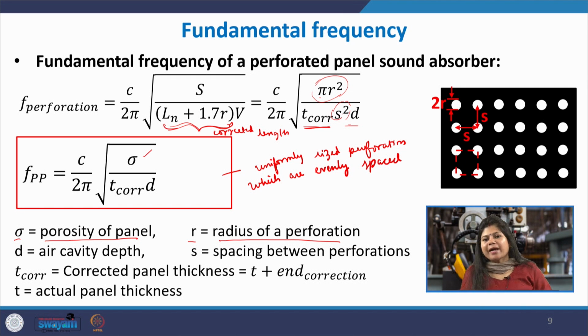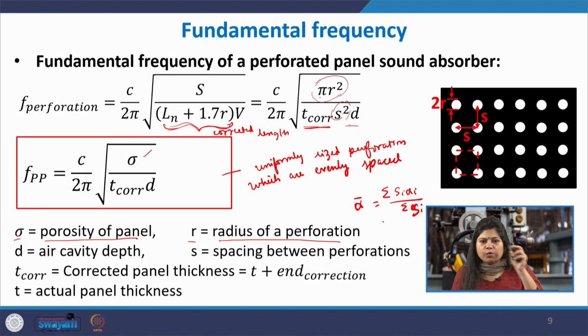If there were some kind of graduations, or changes in the size of perforations as well as changes in the spacings across the area of the panel, then what would happen? It would act as a composite kind of absorber. You can derive separately for the different areas having uniform sized perforation and uniform spacing, and then use this formulation to get the overall absorption coefficient for that panel.